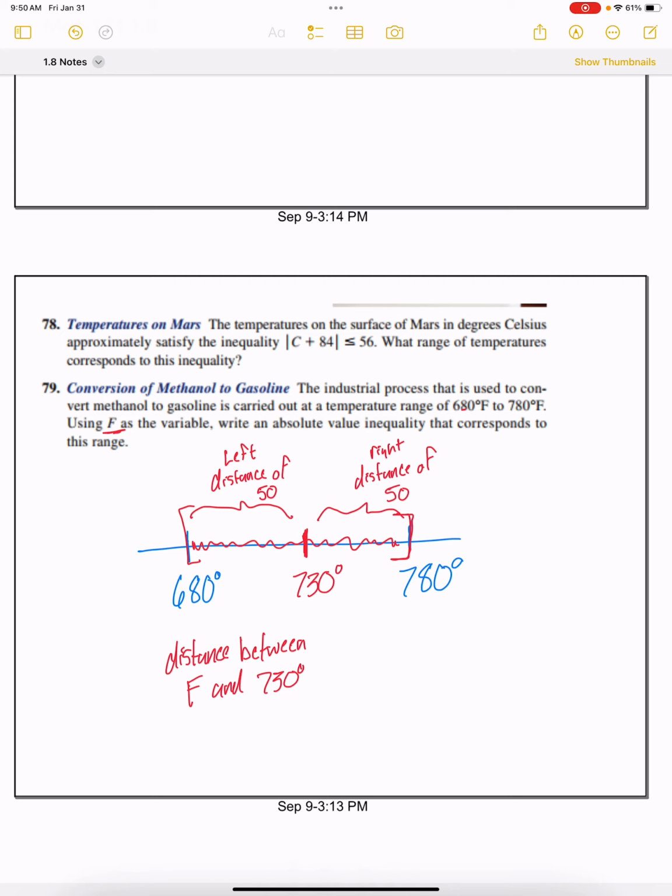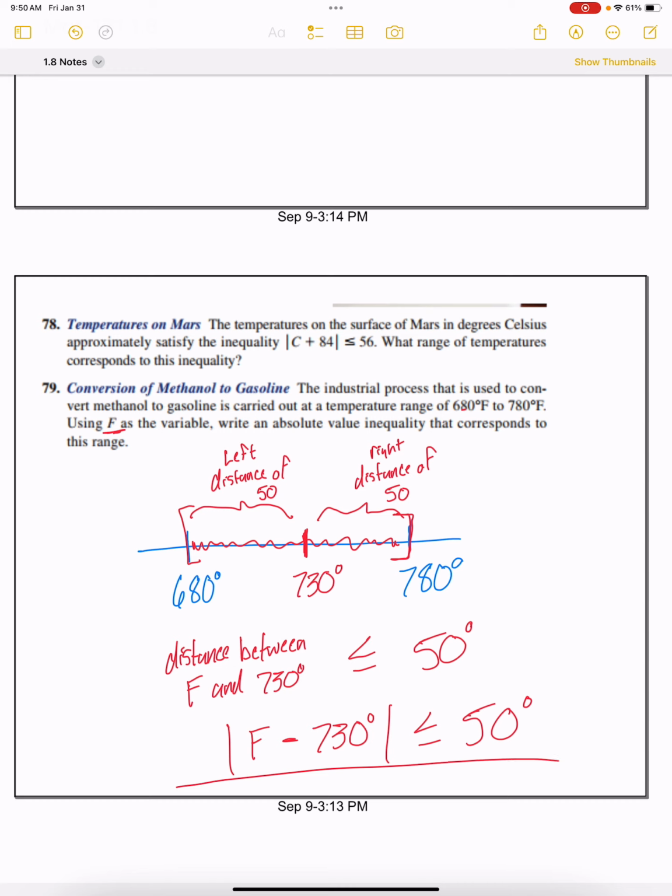So it can be equal to or it can be less than. So less than or equal to, and we're talking about that distance there, which is 50. And since this is in degrees, the absolute value of F minus 730 degrees has to be less than or equal to 50 degrees. And that would be your absolute value inequality. Hope that was helpful for you.